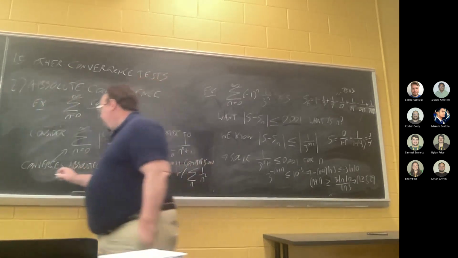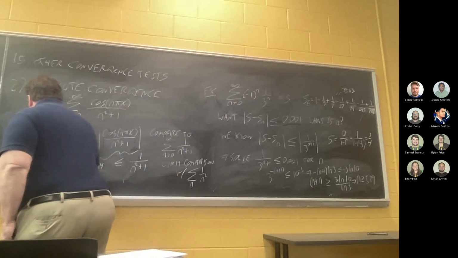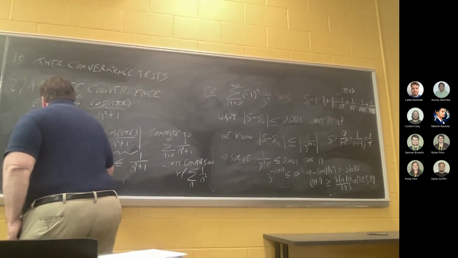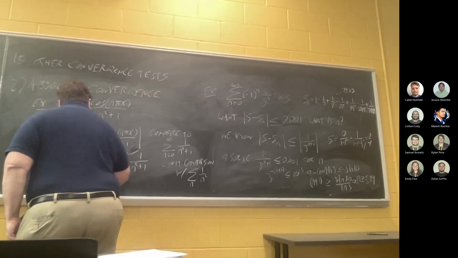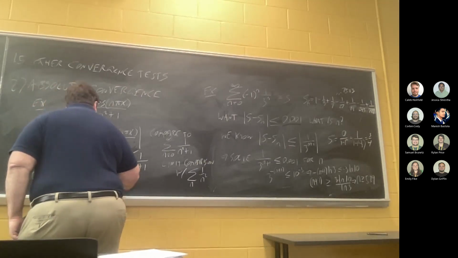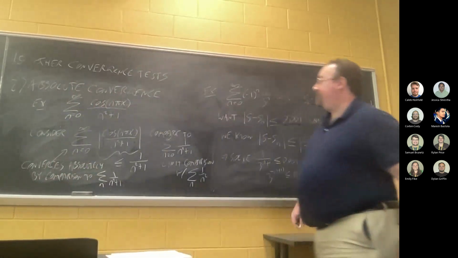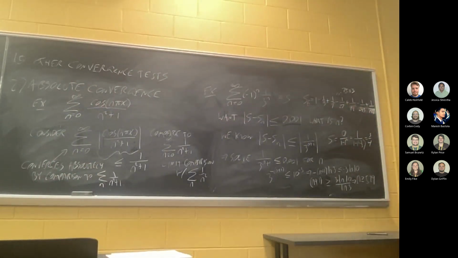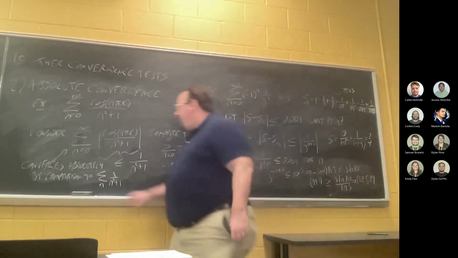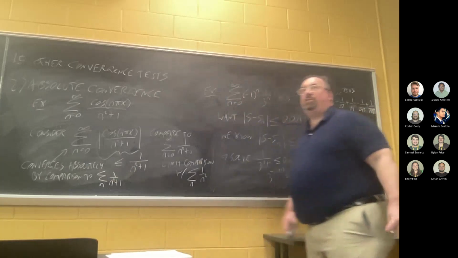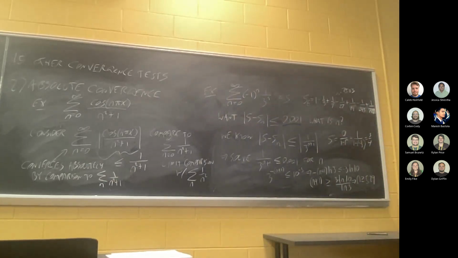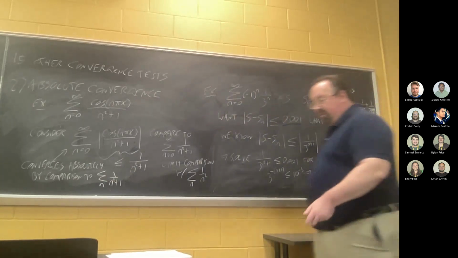So it converges absolutely by comparison to the sum of 1 over n squared plus 1. So if you have a series that has positive and negative terms, try just focusing on the absolute value, and that might be easier to work with than the original.